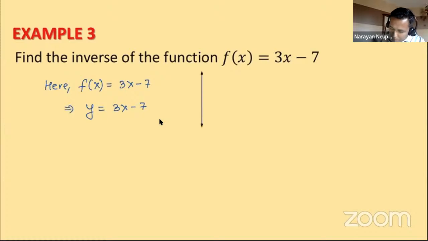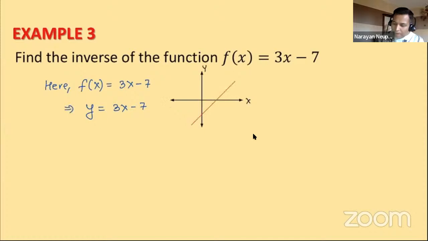Something like this. This is the x-axis. This is the y-axis. You can see the y-intercept is negative and the slope is positive. So your line will be something like that.